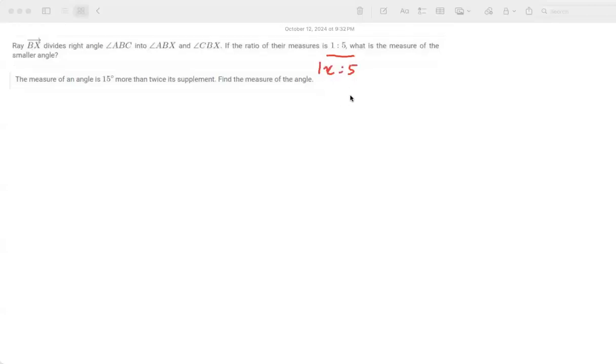So now the sum of these two, 1x plus 5x, equals 90. Now 6x is 90. X will be equal to 15. That's the smaller angle. Got it?